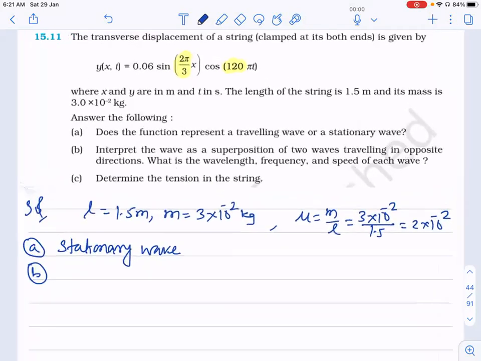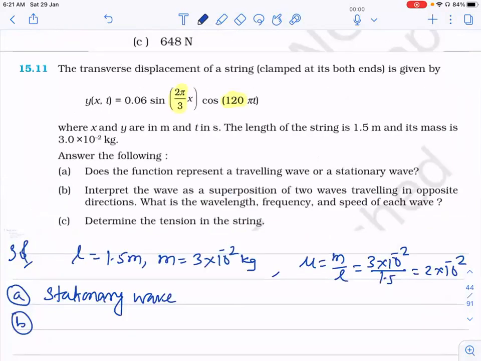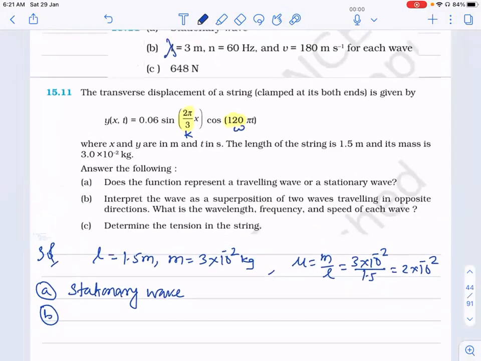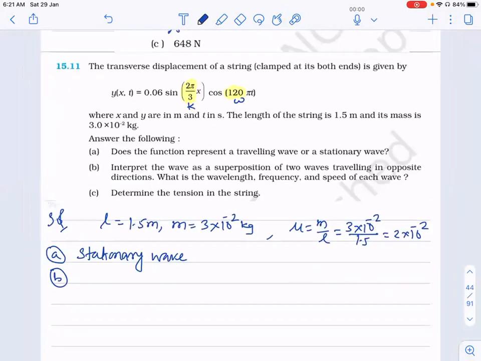Okay. In these, always we are seeing whether it is stationary wave or traveling wave, coefficient of t will be omega. Coefficient of x will be k. K is equal to 2 pi by 3 from the equation. अगर इसको कंपेयर करें, y is equal to 2a sin kx into cos omega t.